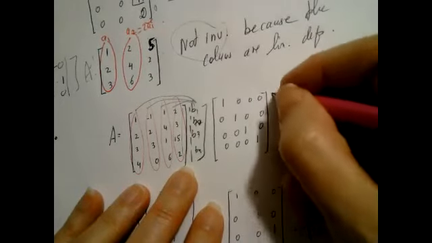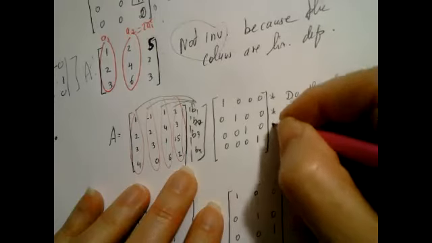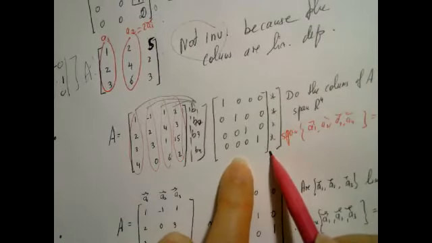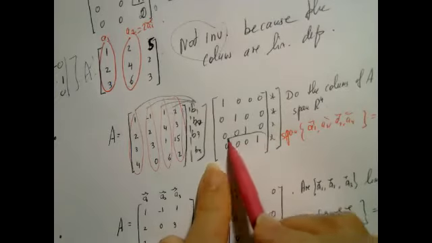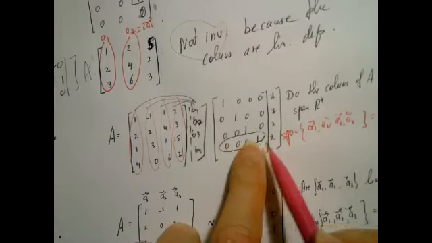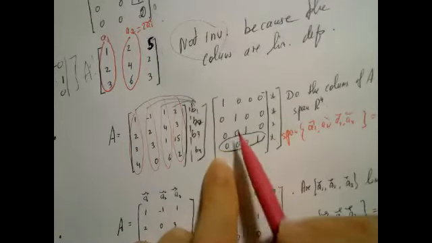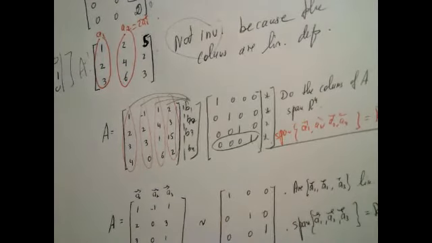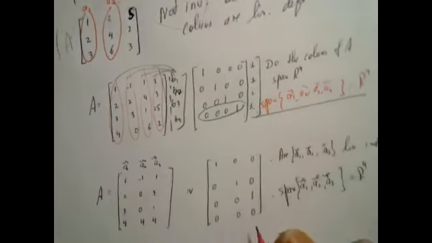That is equivalent to solving the system. Can the system be inconsistent? No way, because I have a pivot in every row, so there is no row of 0, 0, 0, 0 with a nonzero entry. So the span equals R4, or as you said, because 4 linearly independent vectors in R4 span R4.